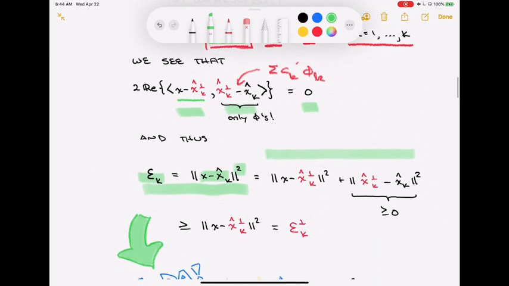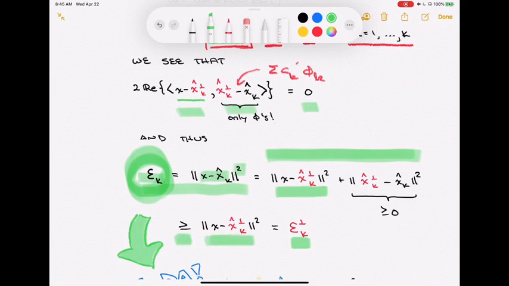I can say that this arbitrary estimate's error is equal to a sum of these two pieces. And we know that this first piece is just the error of my orthogonality principle estimate, and we're adding to that something greater than or equal to zero. That means that this overall error has to be greater than or equal to just the orthogonality principle error by itself.